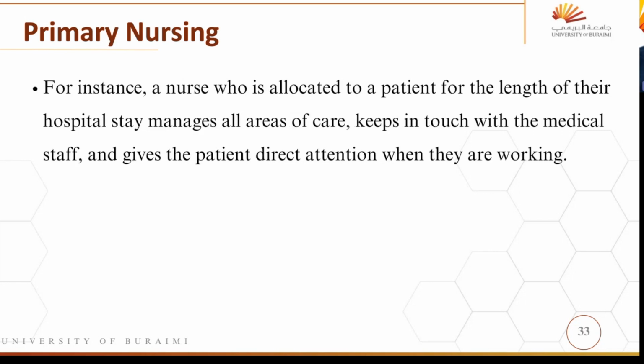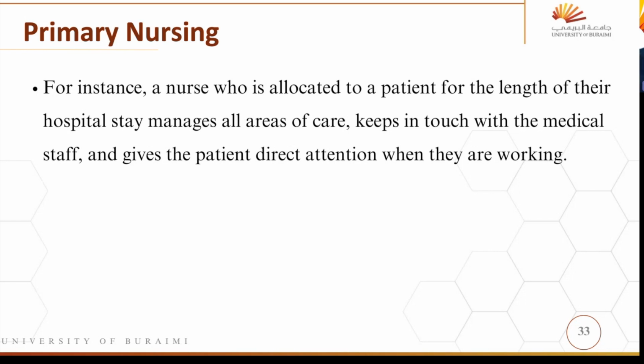In this case, we are talking about a nurse allocated to a patient for the whole length of their hospital stay. So they will be like a nurse and companion at the same time. This nurse will stay in charge of all areas of care, keeping in touch with the medical staff and giving the patient direct attention.